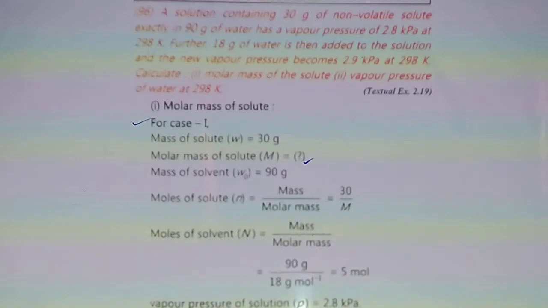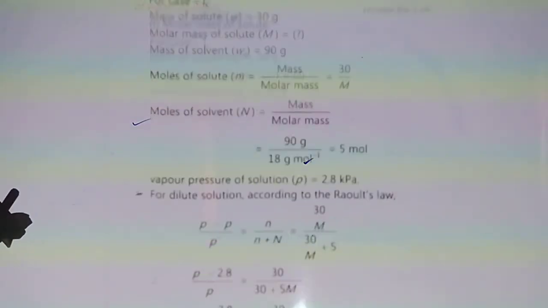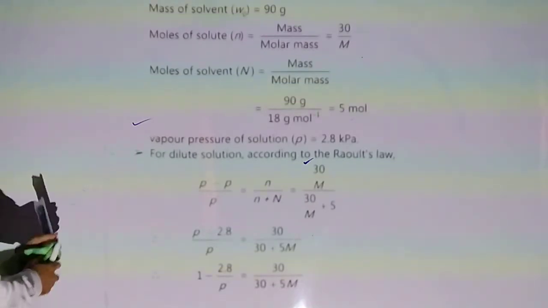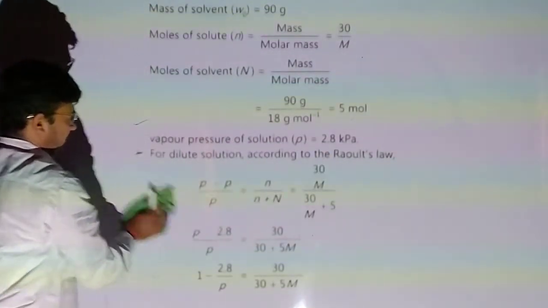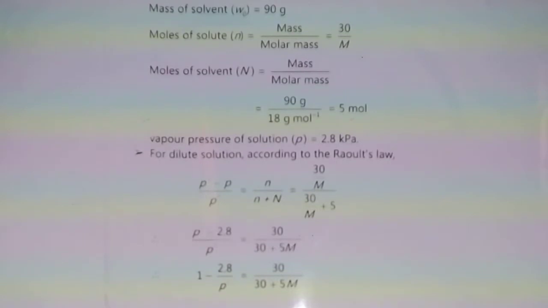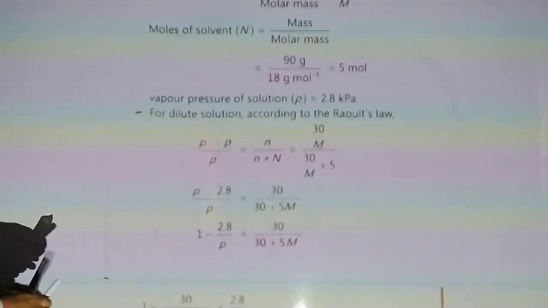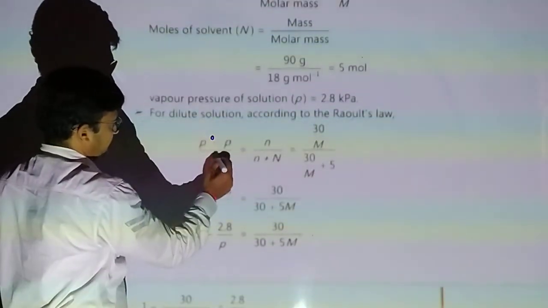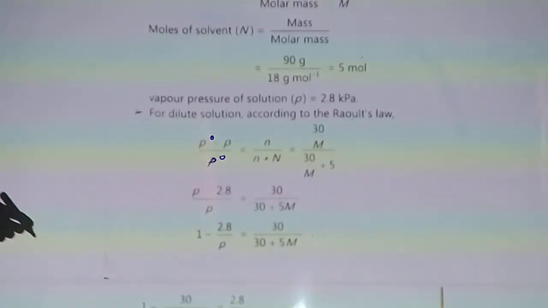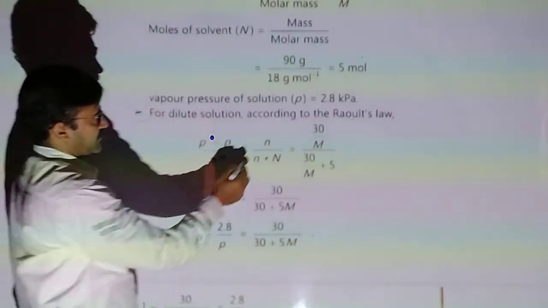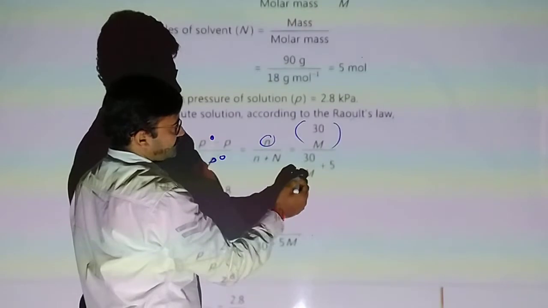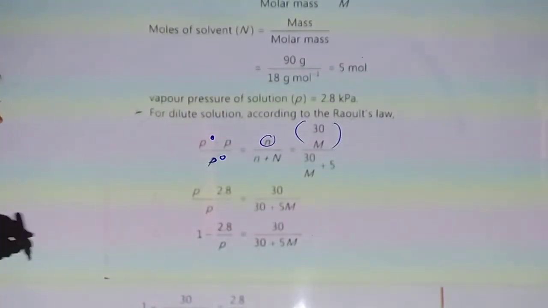Moles of solvent, mass upon molecular mass, 90 by 18, so 5. Vapor pressure of solution is 2.8 kilopascal. So P degree minus P upon P degree equals n upon n plus N. Mole of solute, 30 by M, upon 30 by M plus 5.